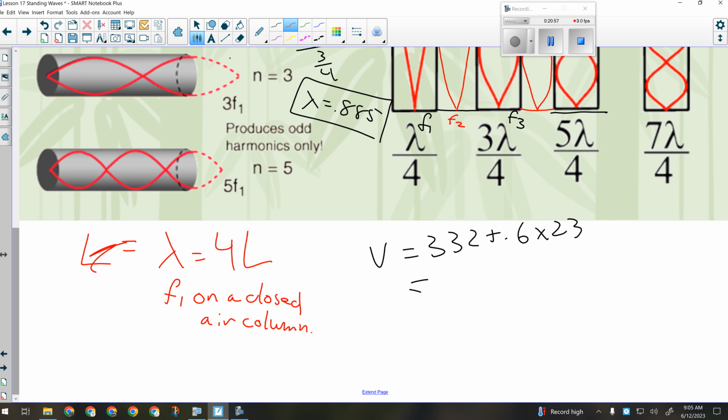So when an air column is resonating at its fundamental frequency, it will have 1/4 of a wavelength in the tube. So if you know the length of the tube, you can calculate the wavelength. Everybody all right with that?